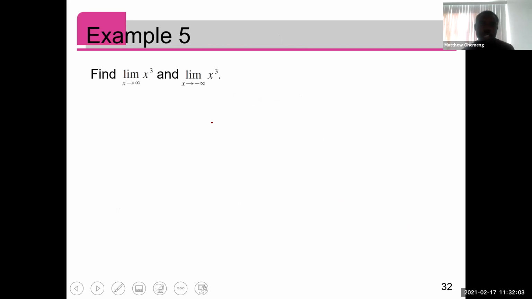So now let's look at some examples. We're looking at example 5. Let's try and find this limit. The graph will be provided on the PowerPoint, but let me just show you how you could analyze this. Let's look at the first one, the limit as x approaches infinity of x cubed. Think about this: if you have a very, very huge positive number and you take the cube of it, you still end up with a very huge positive number.